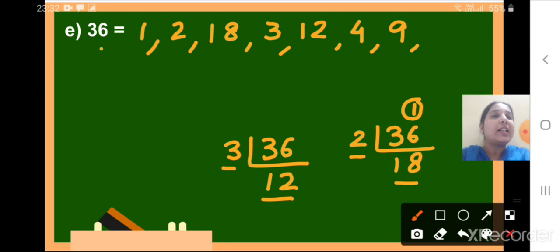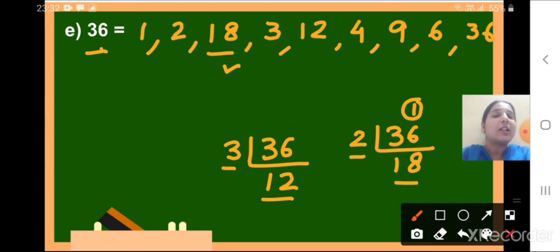Then we get it in the table of 6 as well. 6 6s are 36. So 6 also we wrote. Now children, if we will move further after number 18, we will not get it in any multiplication table. We will not find the factors of 36 after 18. Now that will be that number itself.